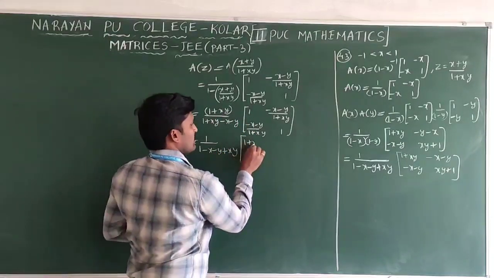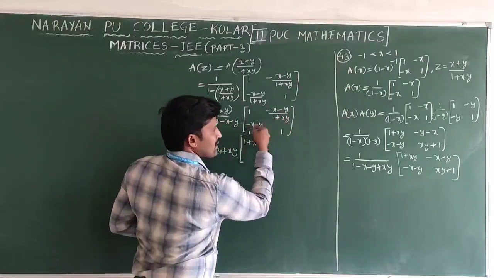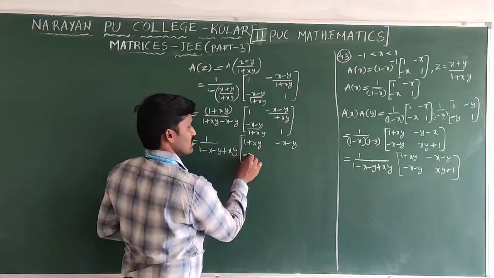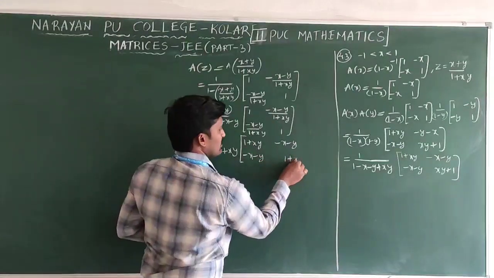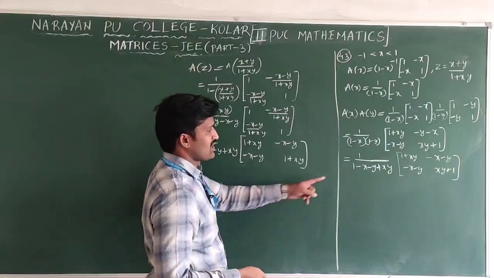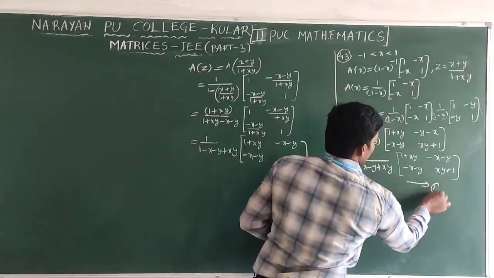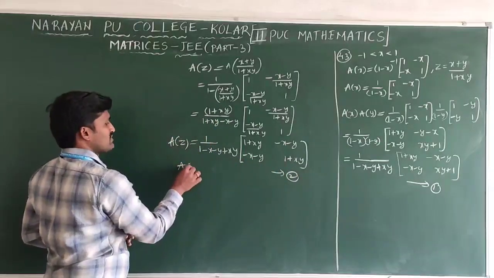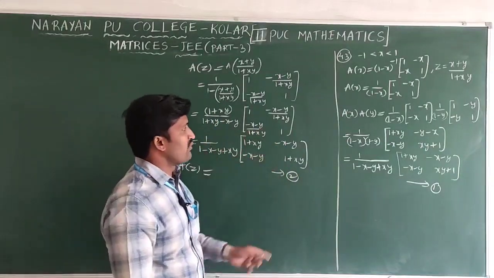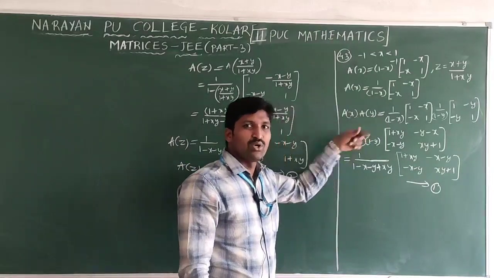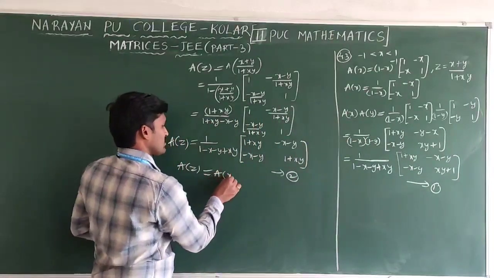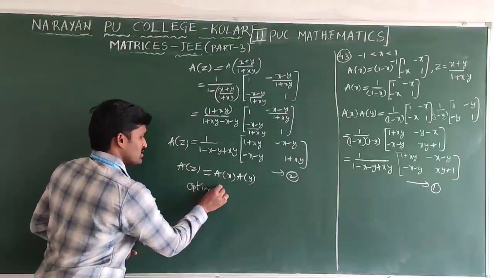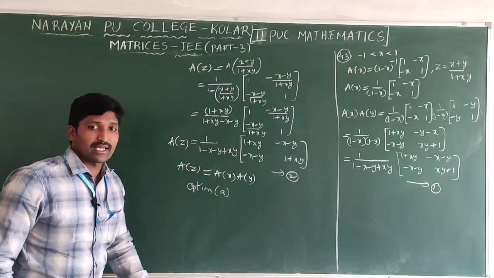What will you get? 1 plus xy; if you multiply here, the denominator and numerator get cancelled. What will you get? Minus x minus y. Here also minus x minus y. Here 1 plus xy. Now, are both values equal or not? See once. This is equation number 1 and this is equation number 2. This is the A of z value. Now A of z is equal to, this is complete, the value of which one? A of x into A of y. So which option will satisfy? So option A is the correct option.